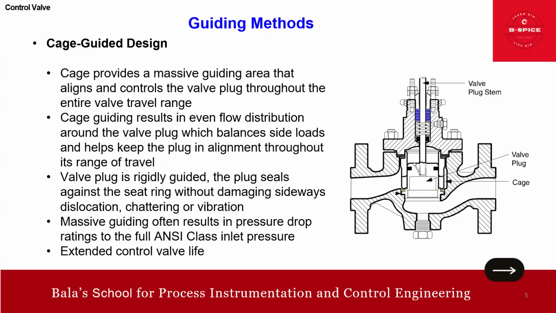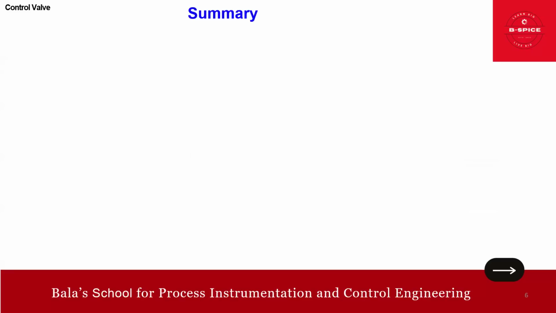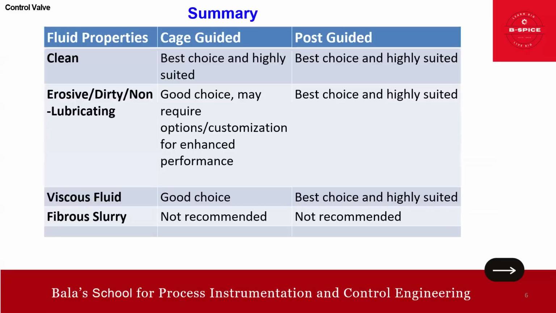Now you understand the design features of stem, post guided and cage guided, right? I hope. So with that hope, I'll go into the summary now. This is the climax. I classified it like this by fluid properties: clean, erosive, dirty, non-lubricating, viscous, fibrous.